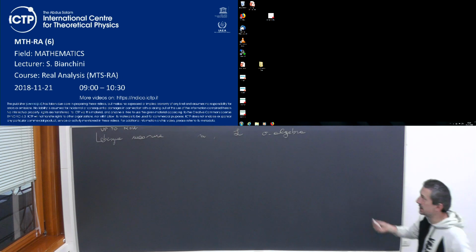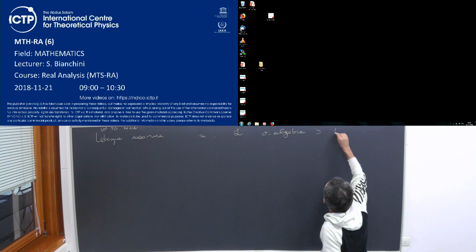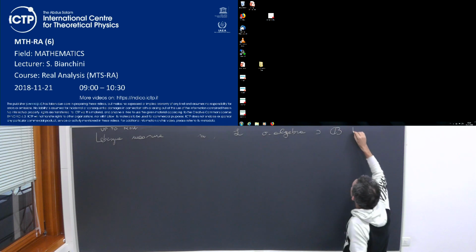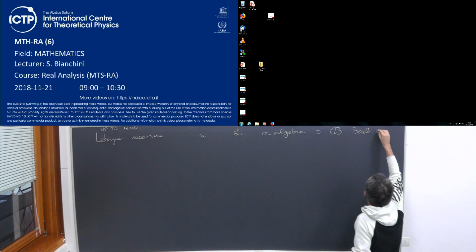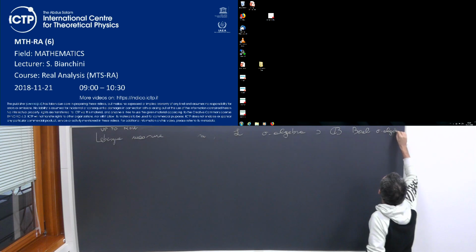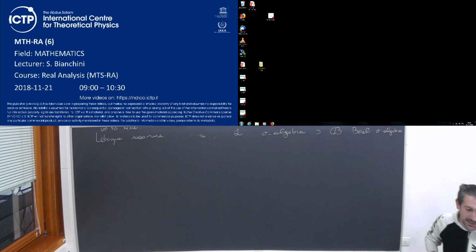Okay, so the important thing is that this sigma algebra contains the Borel sigma algebra, and now we are in better shape, because the Borel sigma algebra is a large sigma algebra: it contains the open sets. Then we know it also contains the complements, so the closed sets, and then countable unions of closed sets and countable intersections of open sets.